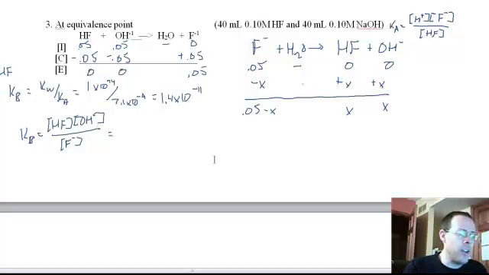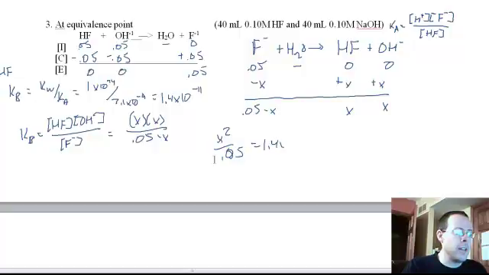Because we have HF and OH⁻ are both X, so X times X, and then F⁻ is 0.05 minus X, and all this equals 1.4 times 10 to the negative 11th. Again, we're going to assume X is small, so this is going to go away. So really we have X squared over 0.05 equals 1.4 times 10 to the negative 11th.